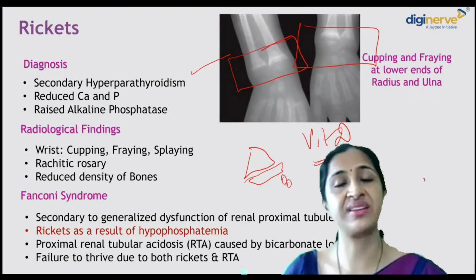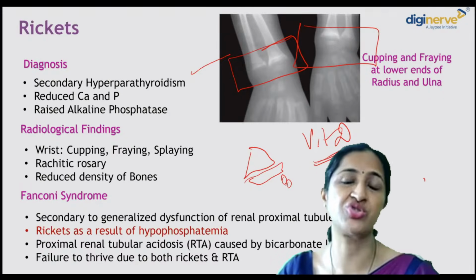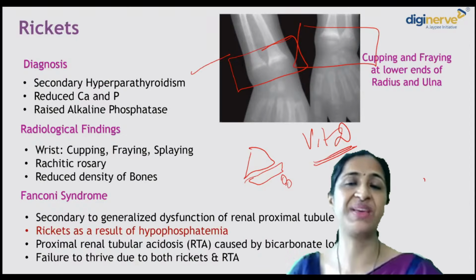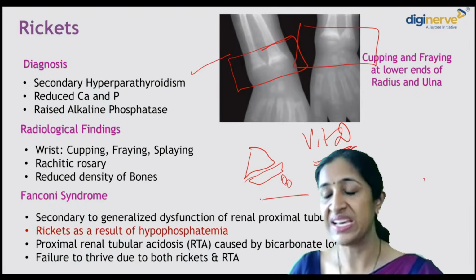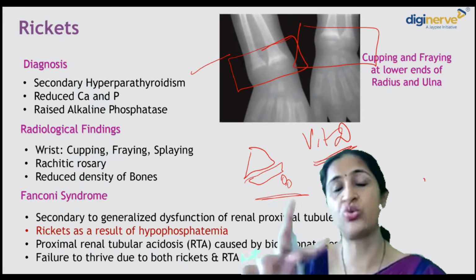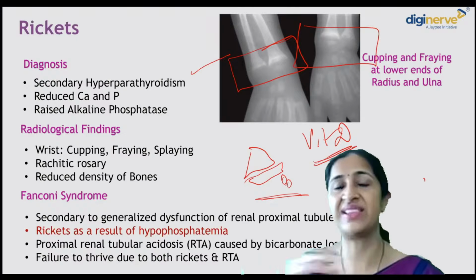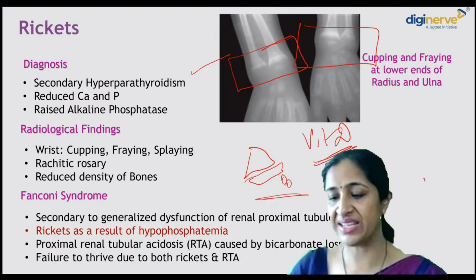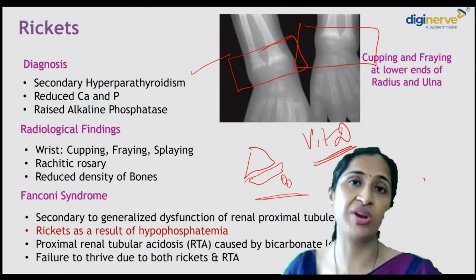So where is the delay? Those are like in hypothyroidism or the constitutional delay where the bone age is behind the height age and the chronological age. So wrist x-ray means any 2 diagnoses only. One is rickets. The other, if they give you the age of the child and then show you the carpal bones and this cupping fraying is not seen, that's essentially for delayed bone age diagnosis.